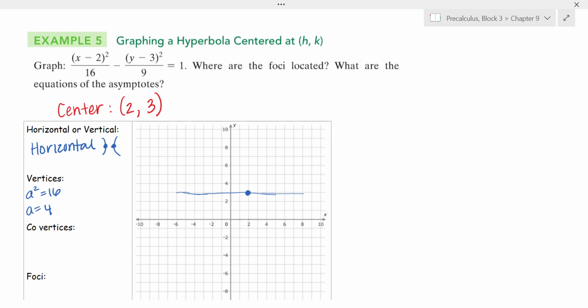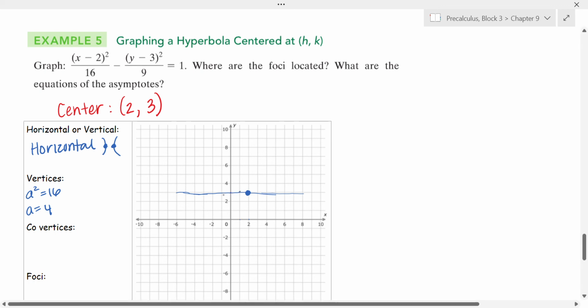From here we need to go 4 units in either direction: 1, 2, 3, 4 here, 4 to the left and 4 to the right. So our points here are (6, 3) and (-2, 3). So we're adding and subtracting 4 units to our X value. That's what our vertex will do.